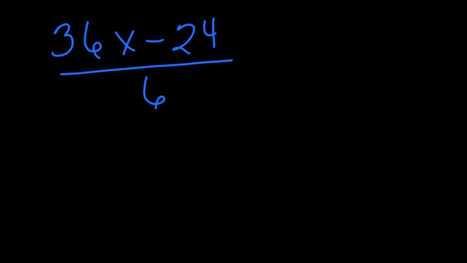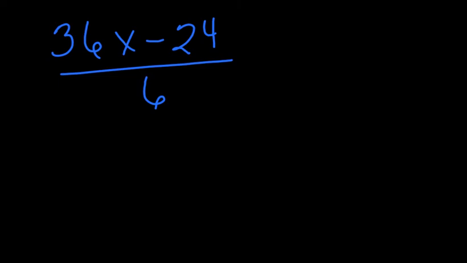I'm going to show you 2 different ways to work this problem. Depending on the problem, one way may be easier than the other, but you need to know both of them. Since this is 36x minus 24 divided by 6, you have 2 options.